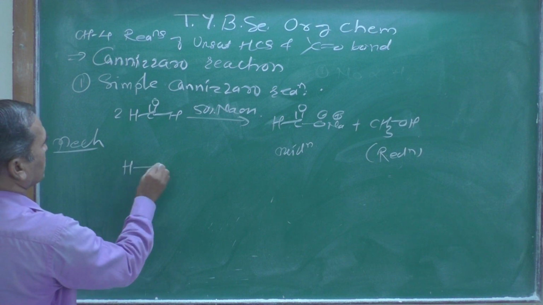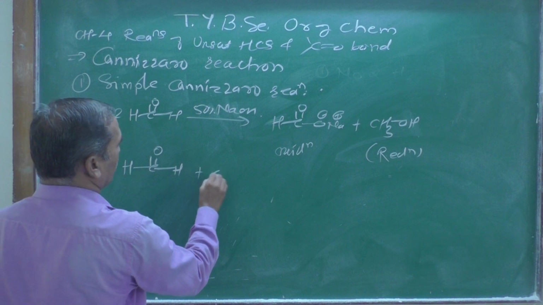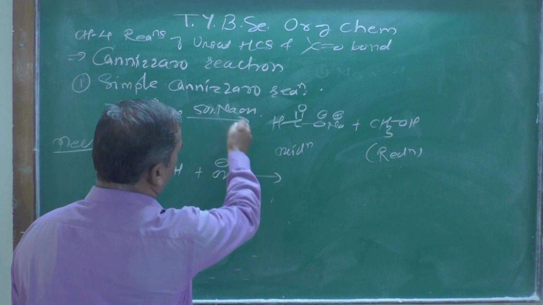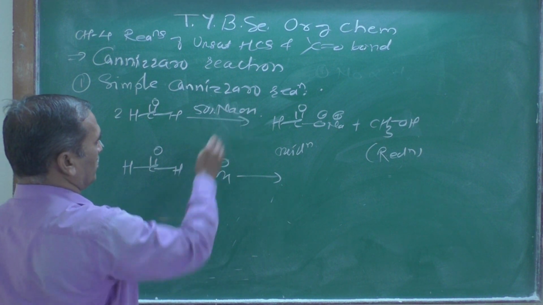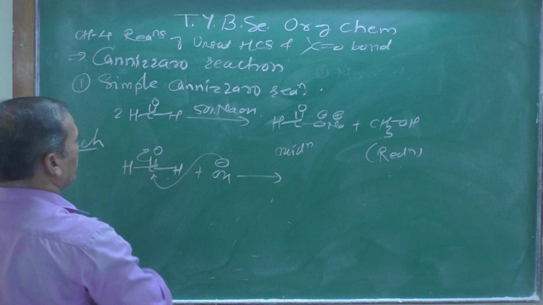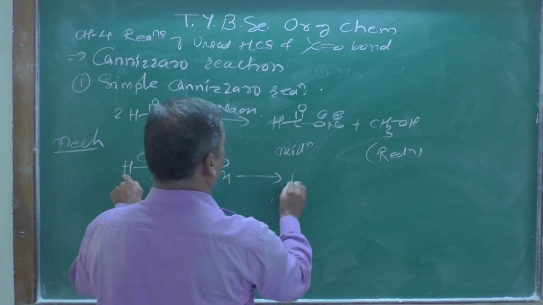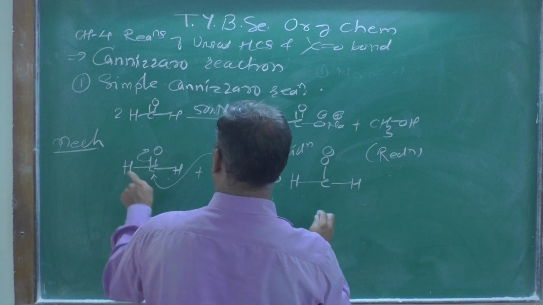Here one HC=O will be treated with OH minus. Where is that OH coming from? That OH is coming from the base, and now it is going to attack over there. The negative charge will be over there, H, then CO minus, H is there.